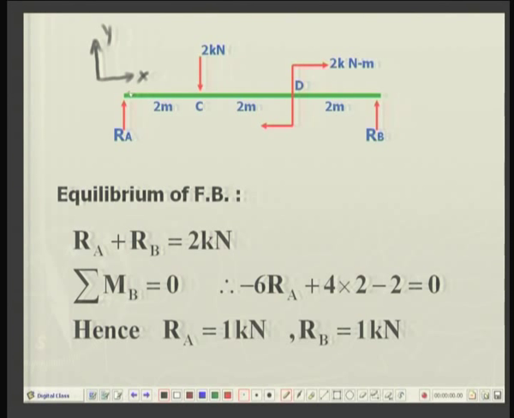So, from x equal to 0 to x equal to 2 meters is the first; the second will be between C and D, that is x must lie from 2 meters to 4 meters. Then the third section will be from D to B, this is B, this is A. So, D to B means x going from 4 to 6. We will proceed from section to section.